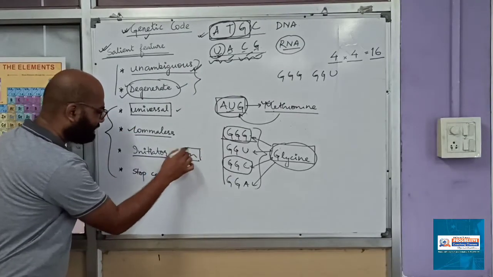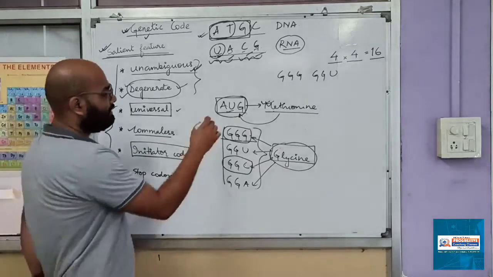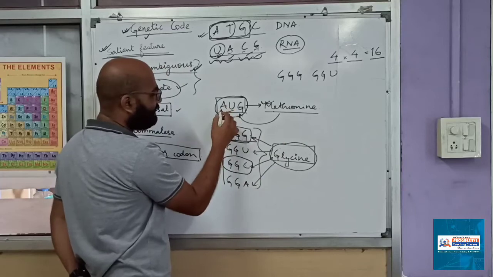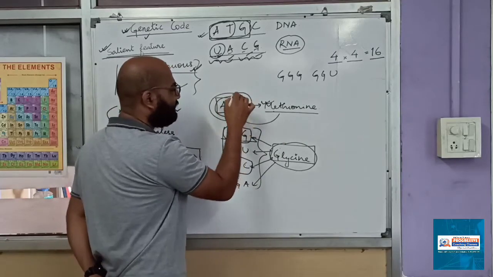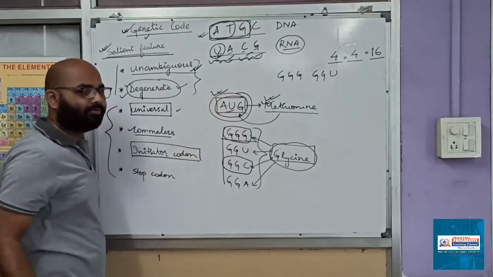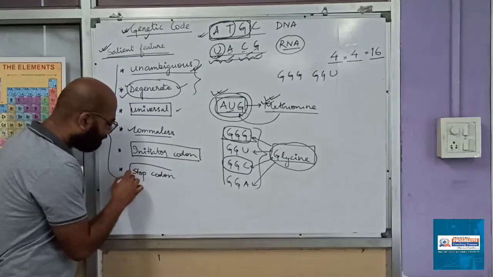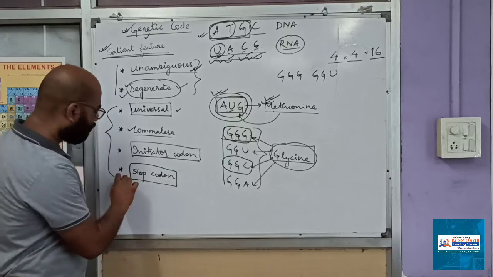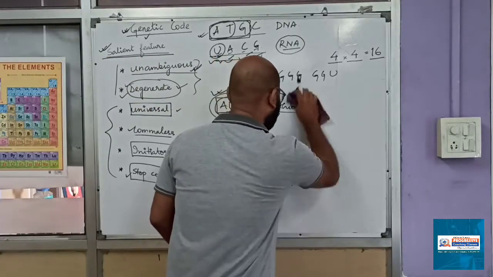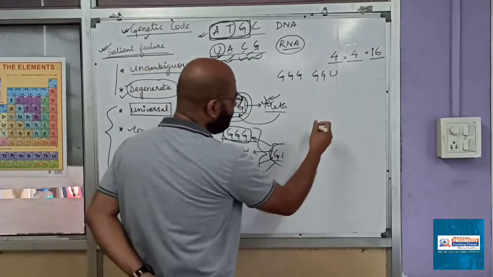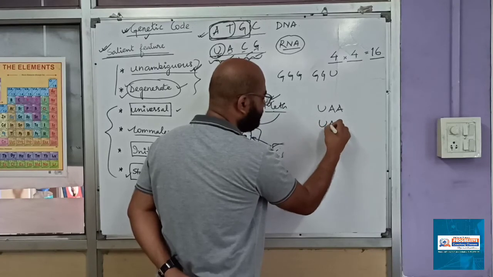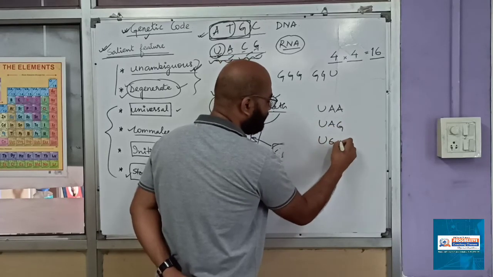Initiator codon means that any gene sequence will start with a codon called AUG, which represents methionine. This is always a starting codon for genes. And the stop codon will be more critically analyzed in the translation part. For the stop codon, there are 3 sequences: UAA, UAG, and UGA.